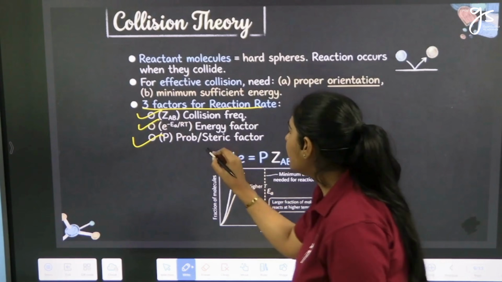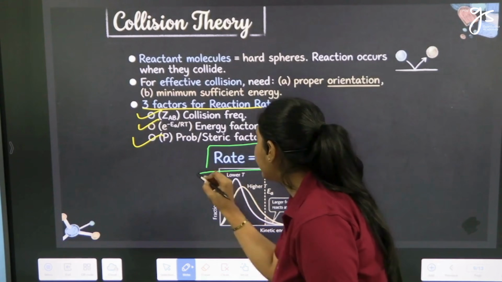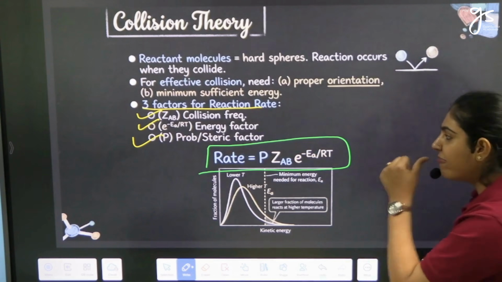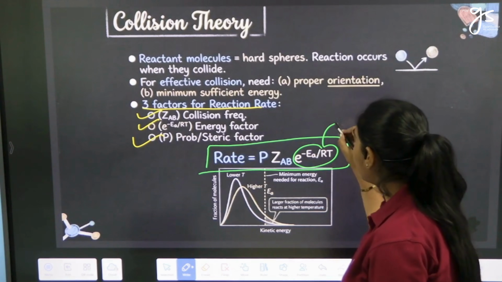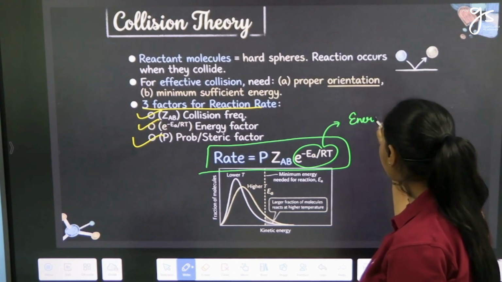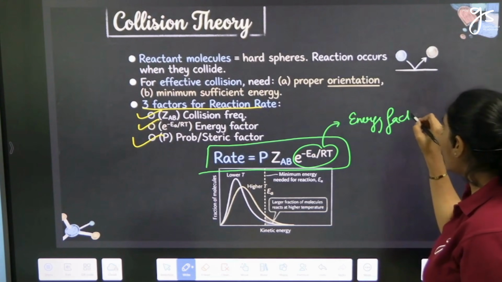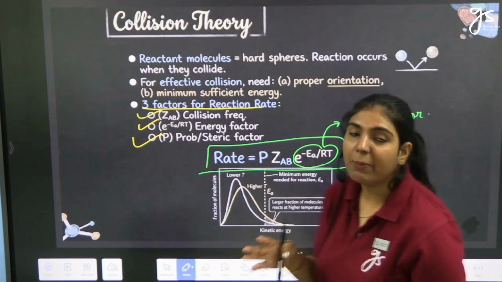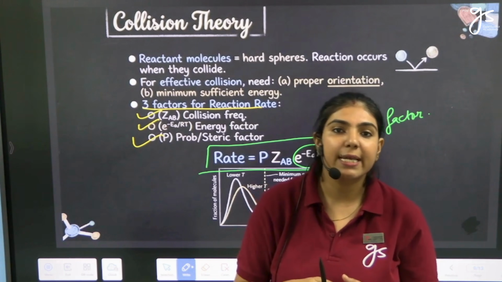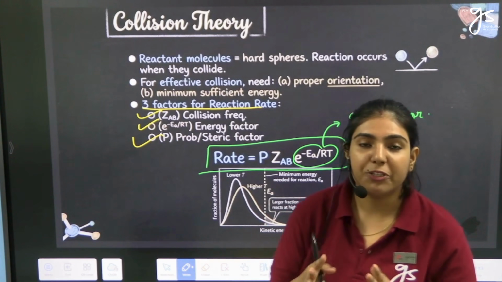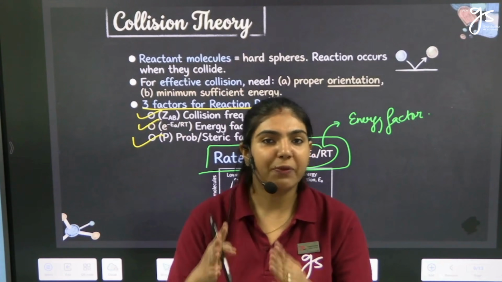So what you must know is the formula over here, that is rate is equal to P, that is probability factor, Z, that is collision frequency, e raised to the power minus Ea by RT, that is energy factor. Collision will be effective when the orientation is proper as well as energy is sufficient. Then only the collision will happen and the product formation will take place.